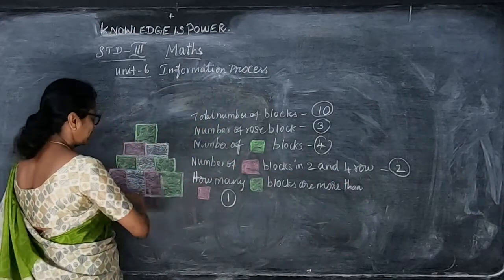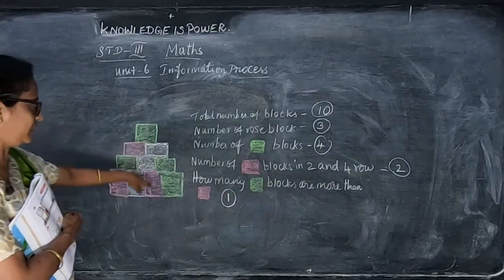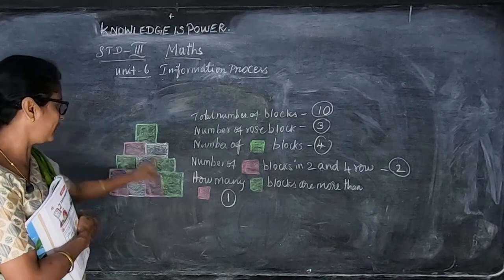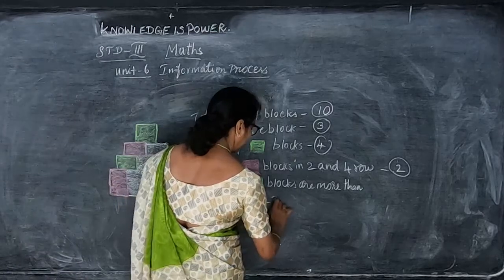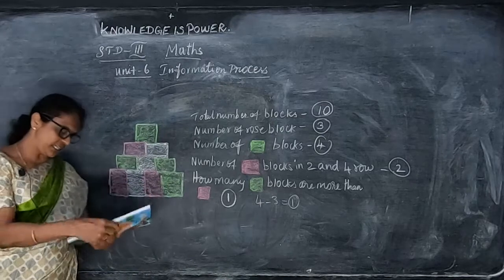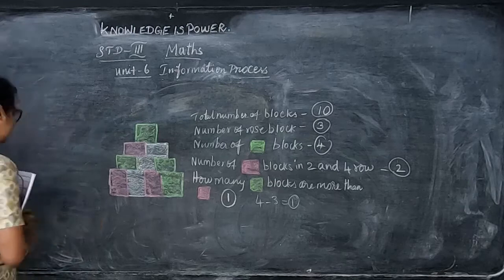And how many green blocks are more than the pink ones? Green is 1, 2, 3, 4. Here pink is 3. So 4 minus 3 gives you 1. Okay. So like this you have to shade it and write the answers. See the question and write the answer.